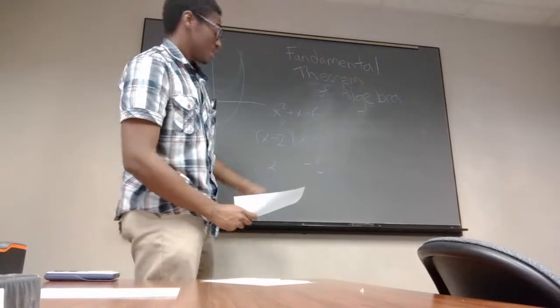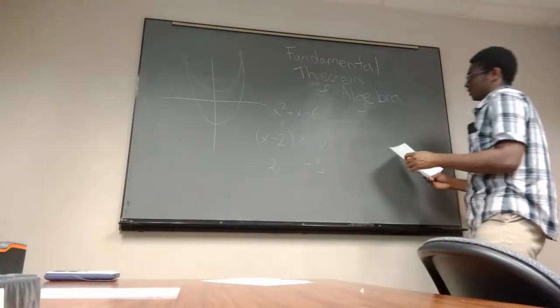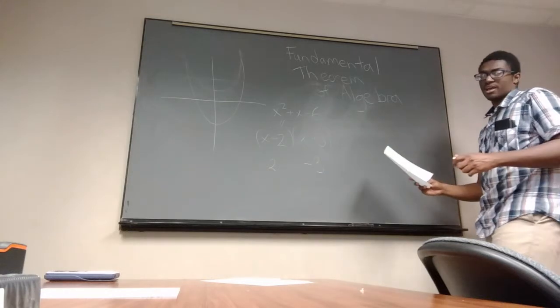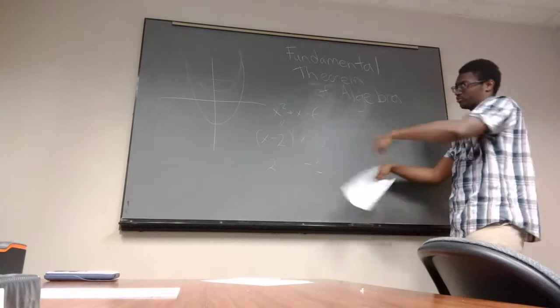And from here, I'm going to do an example that's kind of meant to show how you can use the fact that you can factor out one of the roots to get the other roots.